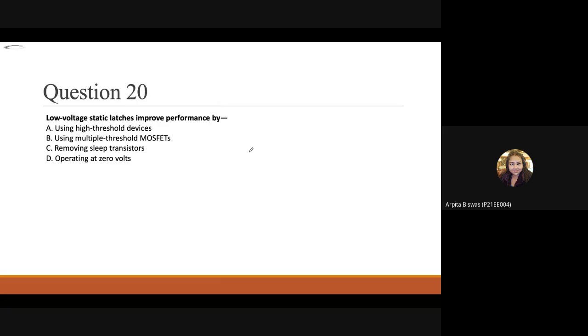So next, question number 20: low voltage static latches improve the performance by. Option A is using high threshold devices. Option B is using multiple threshold MOSFET. Option C is removing the sleep transistor, and option D is operating at 0 volt.